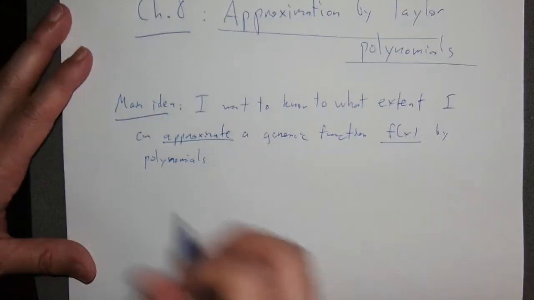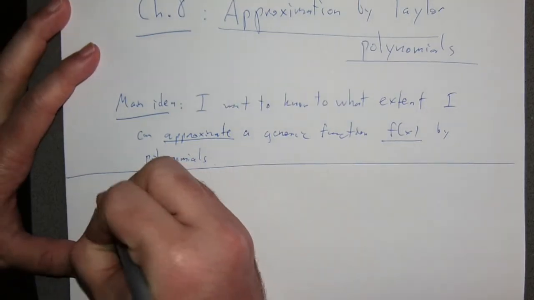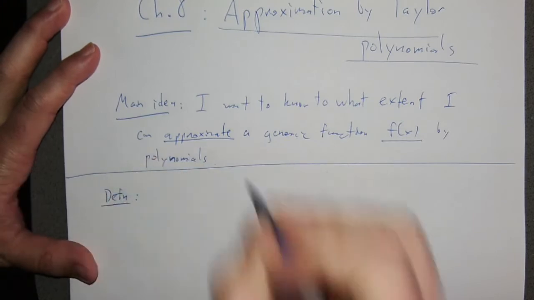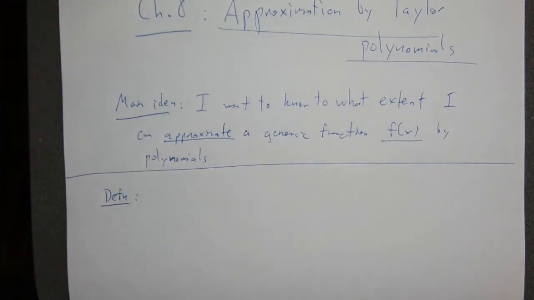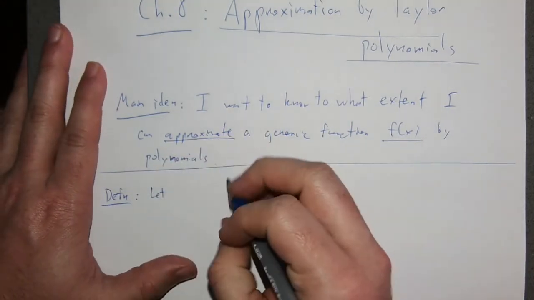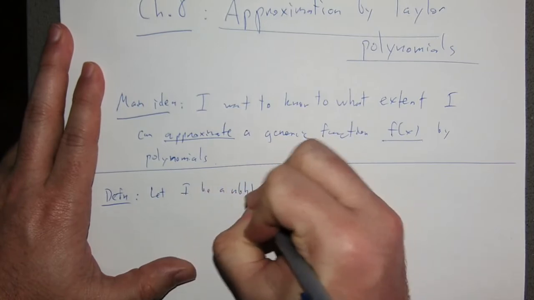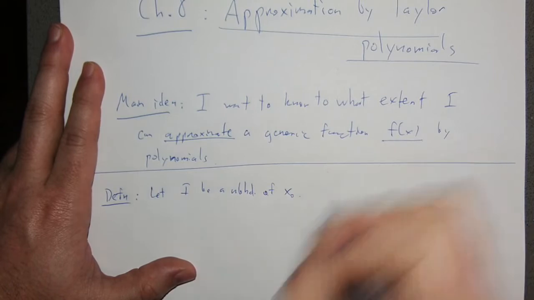Okay, so in order to talk about my first notion of closeness of two functions, I need a definition. So the beginning definition is two functions having order of contact, or having contact of order k, is the first notion I want to define. So let I be a neighborhood of the real number x naught.